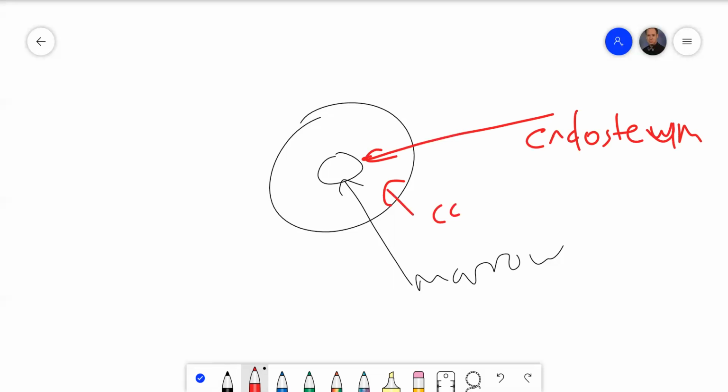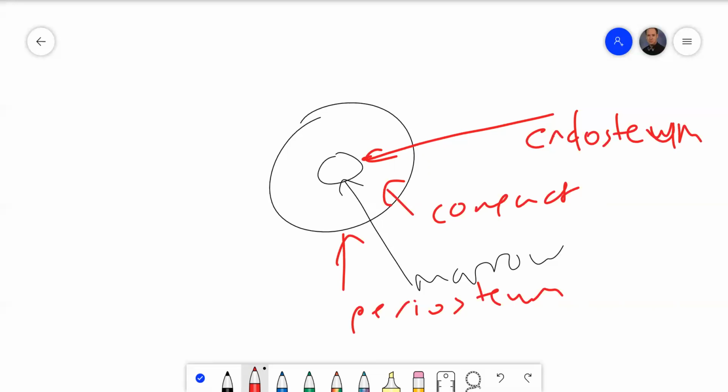So remember, the endosteum separates bone from bone marrow. Then you get compact bone. And on the outside, you would have the periosteum. So if you were to saw right through the middle of your thigh bone, that's pretty much what you'd see. You'd have bone marrow in the middle, the endosteum, this really thin membrane separating the bone from the bone marrow, and then you would have layers of compact bone, and then the periosteum on the outside.